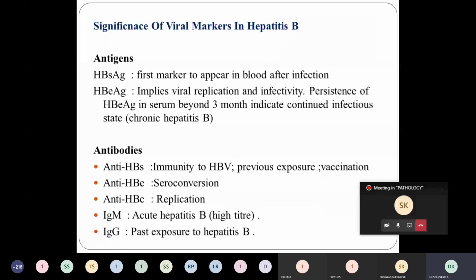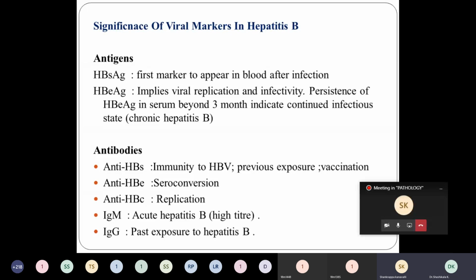What is the significance of these viral markers? The antigens: HBsAg is the first marker to appear in the blood after infection. So this you have to know because you have to know what test has to be done, whether you have to detect the antigens or the antibodies after the exposure. So HBeAg implies viral replication and infectivity. Persistence of HBeAg in serum beyond 3 months indicates a continued infectious state.